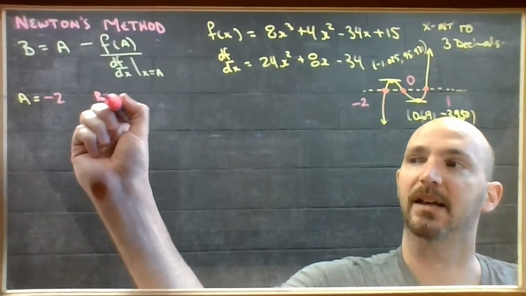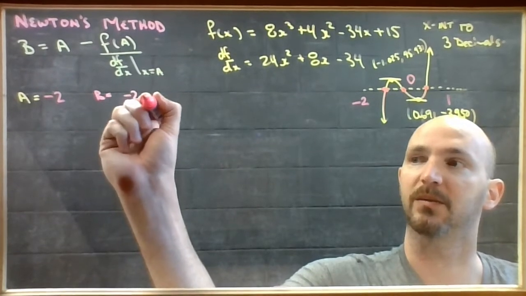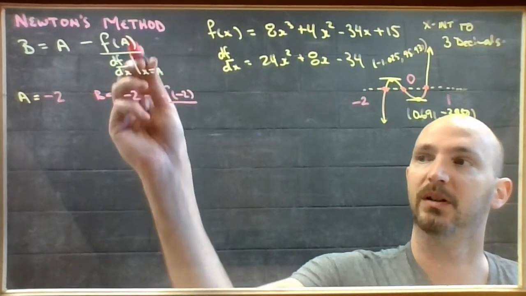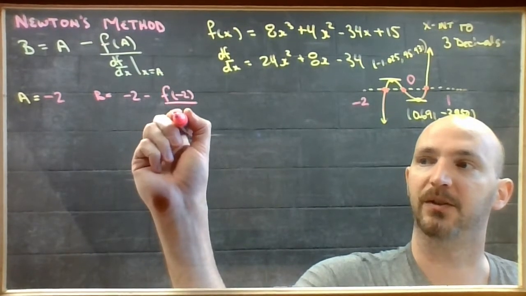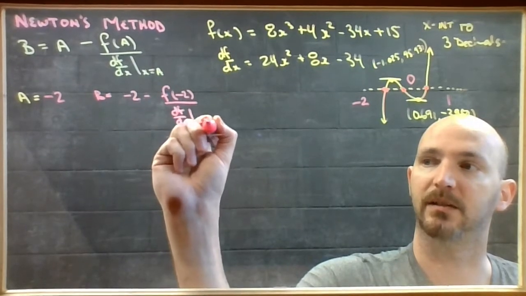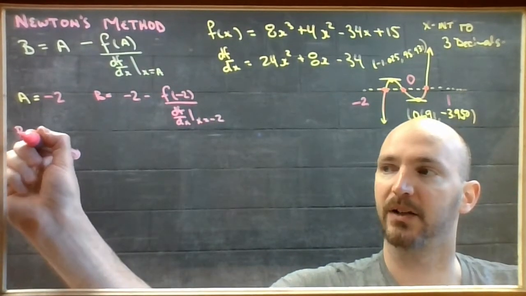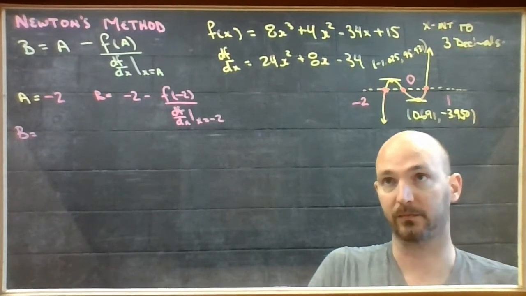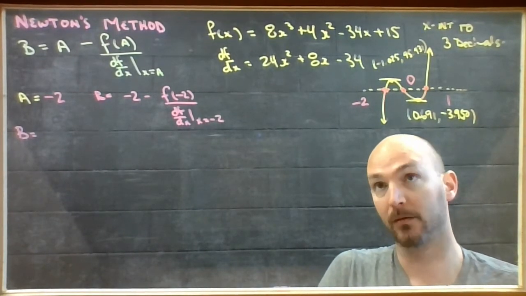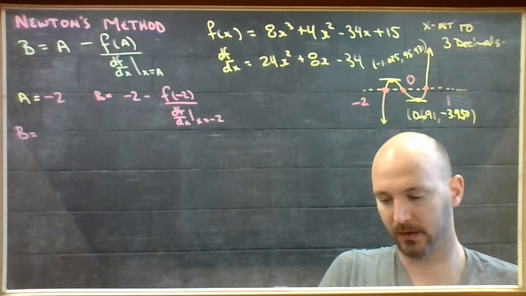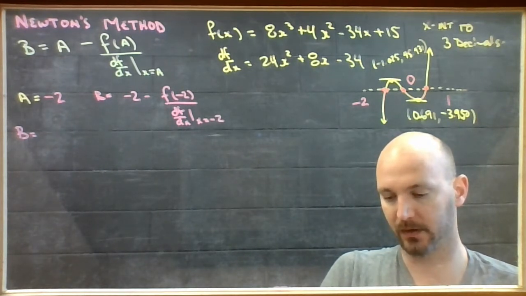So my next guess will be negative 2 subtract the function at negative 2 divided by the derivative at -2. So my new guess will be, clear, subtract 2.